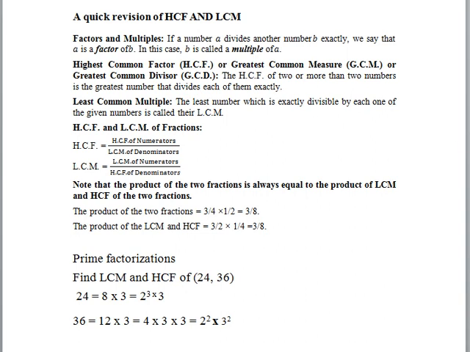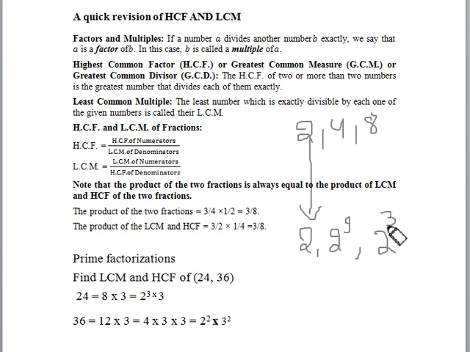Now next is the highest common factor and the least common multiple. First of all, we have to understand this to apply it to the questions. The HCF of two numbers or more than two numbers is the greatest number that divides each of them exactly. For example, if I'm writing 2, 4 and 8, I can easily find it by prime factorization: 2, 2 square and 2 cube.